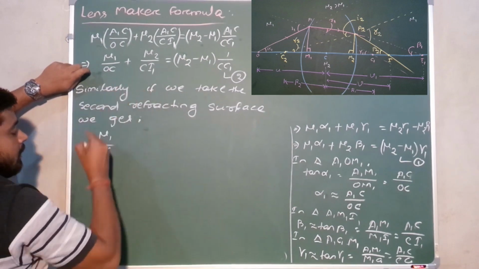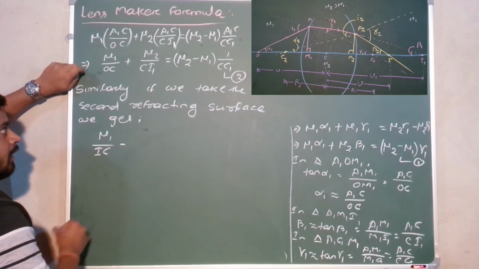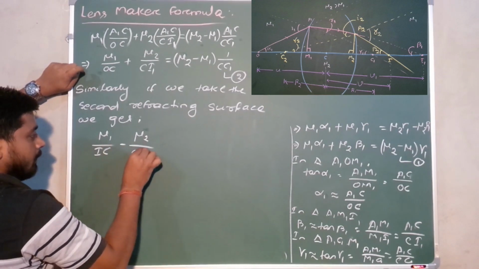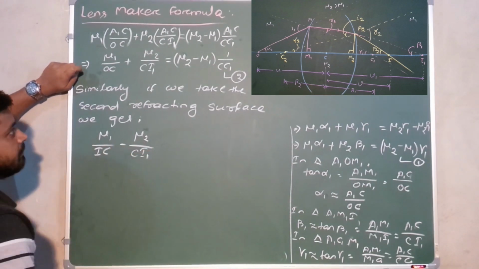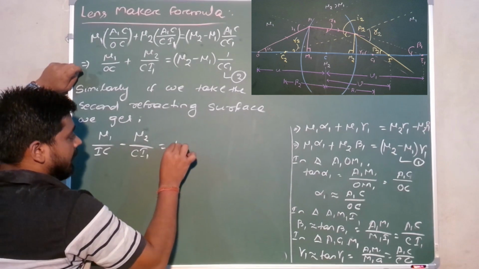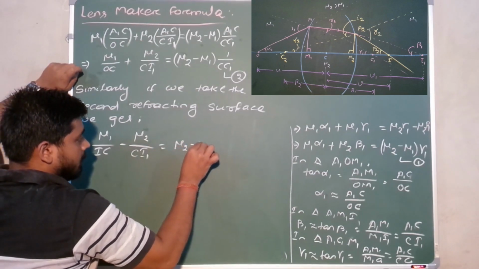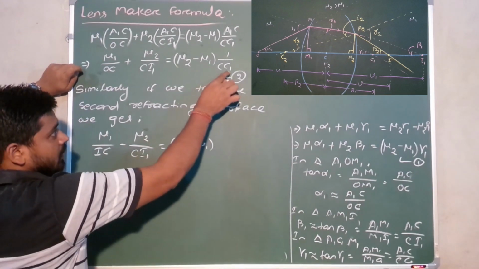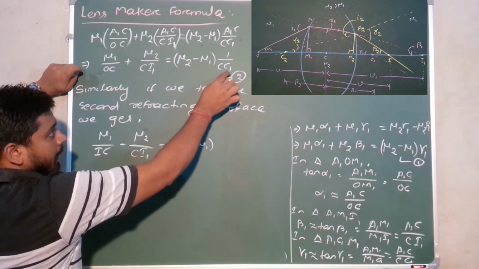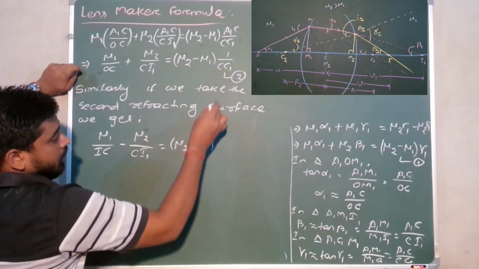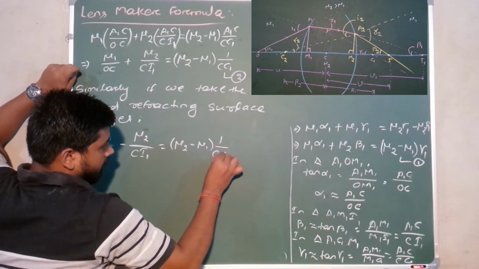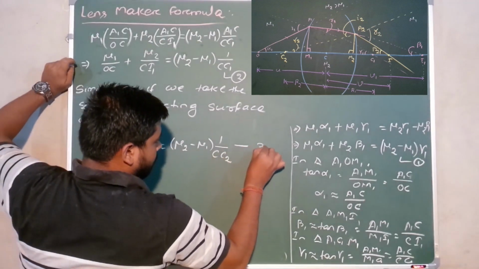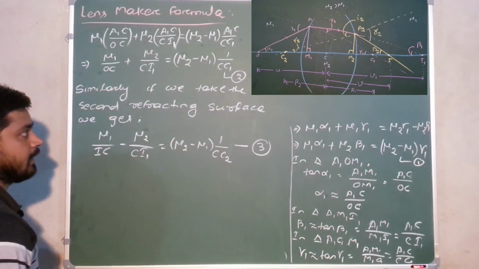We have to cancel this term, so just put a minus symbol and write mu2 by CI1. Then as it is mu2 minus mu1. Then in place of CC1, this is the C1 for the first center of curvature, here I have to write the second center of curvature, C2. Okay. And this one is the equation 3.